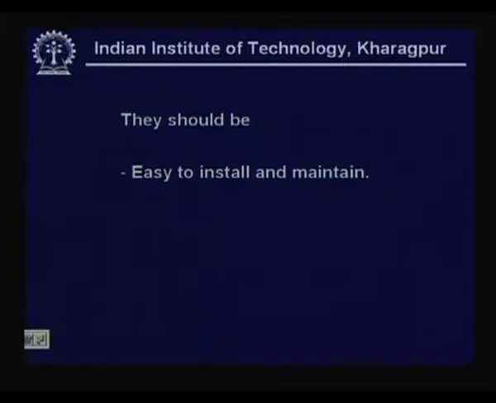And today the scenario is we should look for as many measures as possible in trying to reduce the energy. This apart, one has to look at the ease of installation and maintenance. Installation, because invariably the sources are kept at a height, so it should be possible to install with a minimum of complexity.